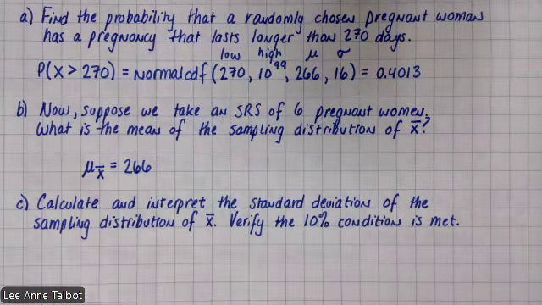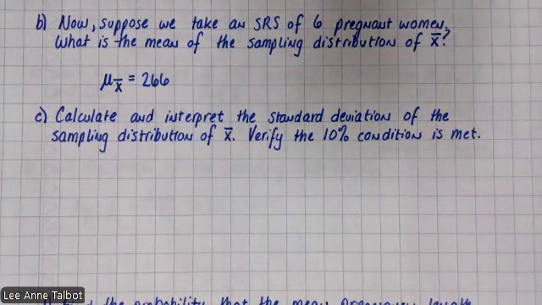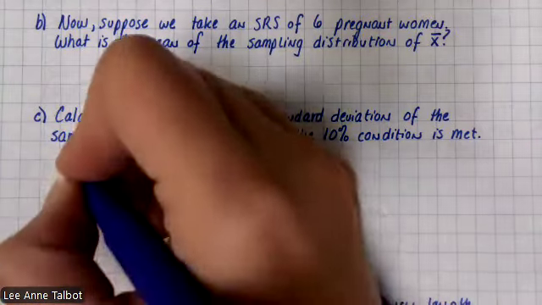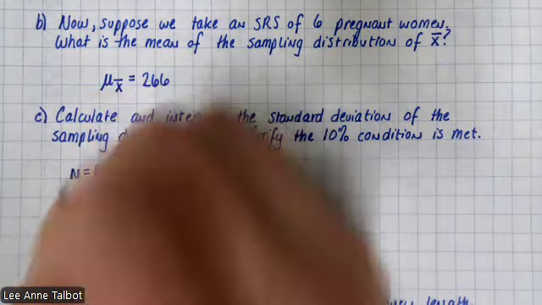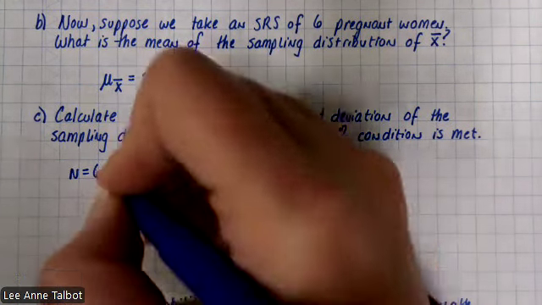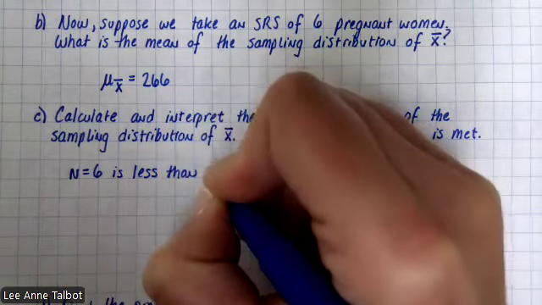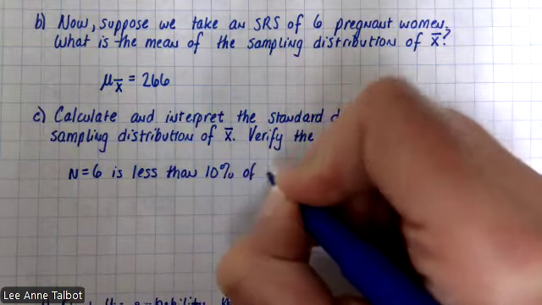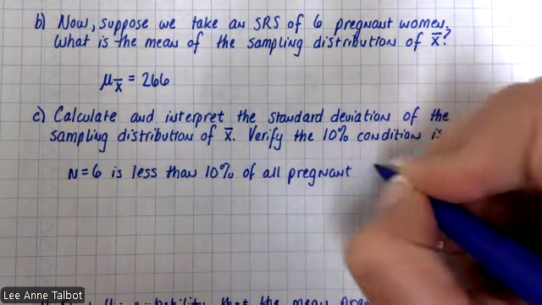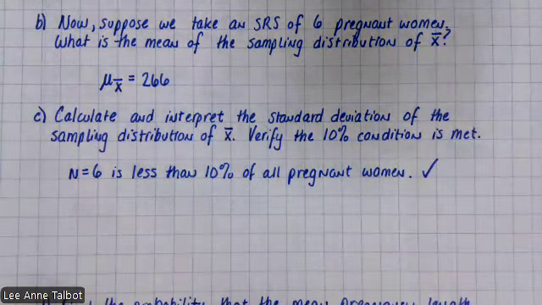Okay, now calculate and interpret the standard deviation of the sampling distribution of X bar. Verify the 10% condition is met. Okay, so n equals 6. Do you think that's less than 10% of all pregnant women? Yeah, I think that's a safe assumption.